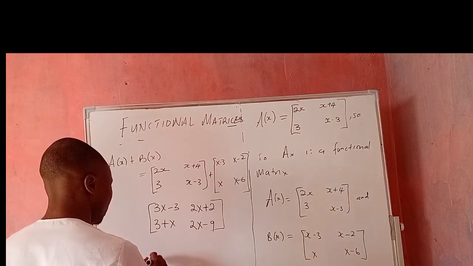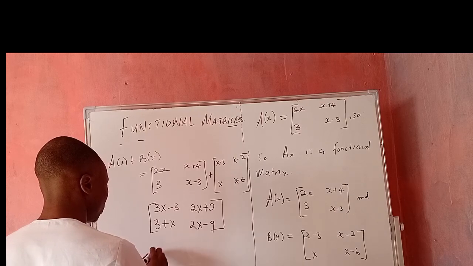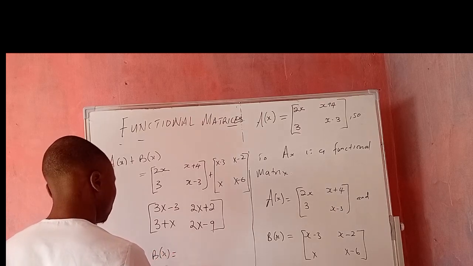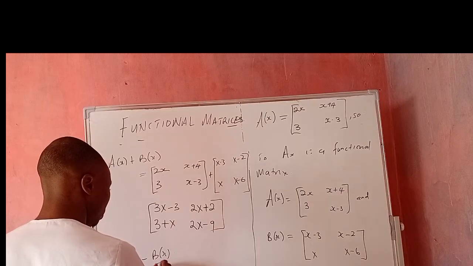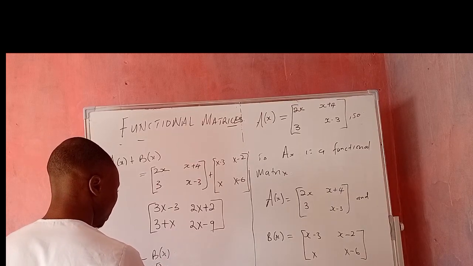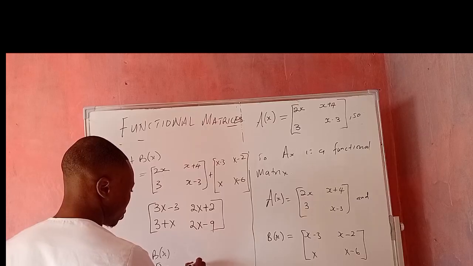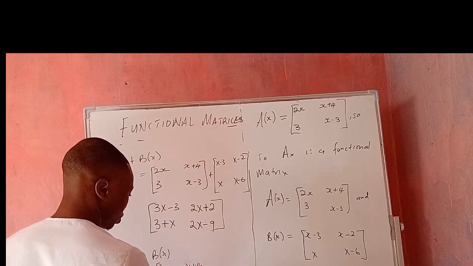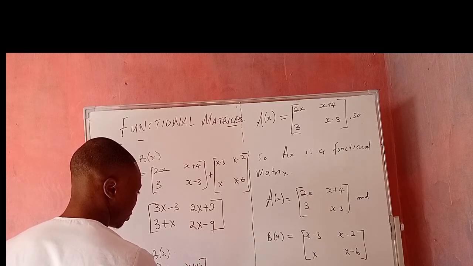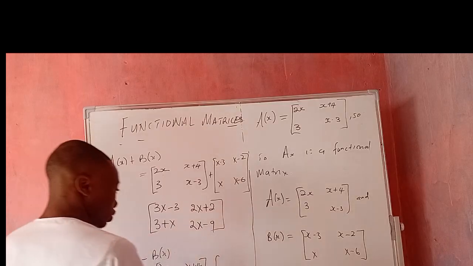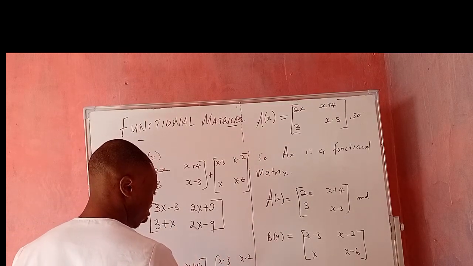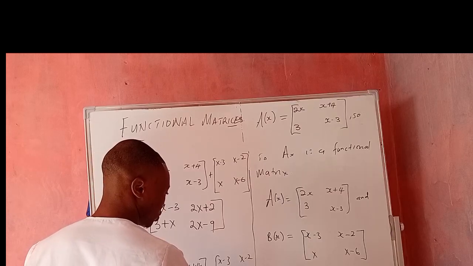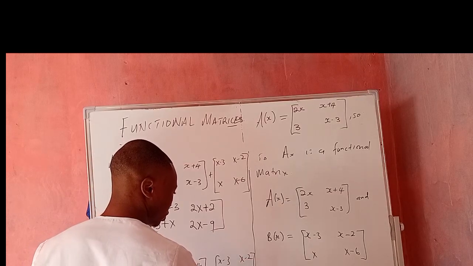Ax plus bx. So now let's go to ax minus bx. So this is going to be the order 2x, 3, x plus 4, and x minus 3, minus b, which is x minus 3, x minus 2, x, and x minus 6.